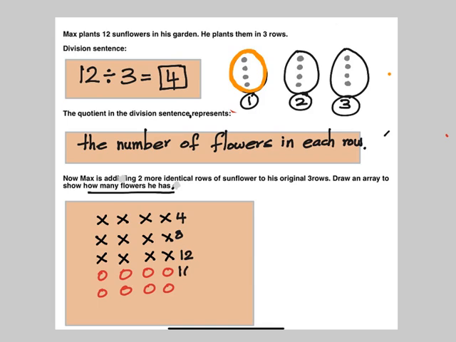Row 5, 16 plus 4 is 20. So there are 20 sunflowers in total. So let me write the statement. Max has 20 sunflowers, period.